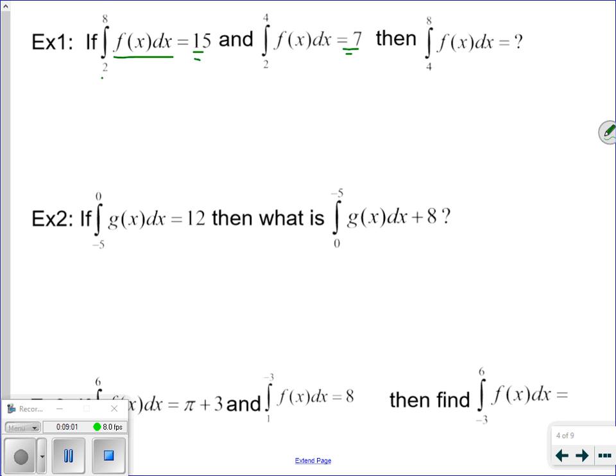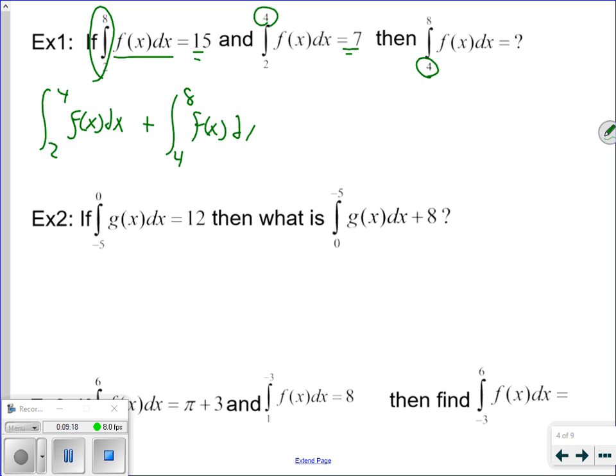2 to 8 is a big area. Then you kind of got it broken up at 4. You see that? So look, the integration from 2 to 4 of f of x dx plus the integration from 4 to 8 of f of x dx, isn't that going to equal the integration from 2 to 8 of f of x dx, right?